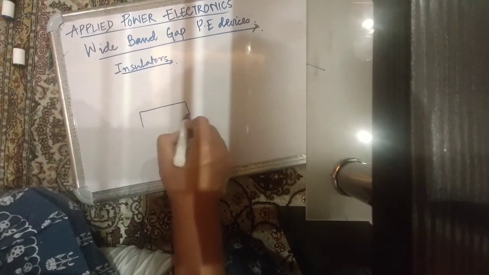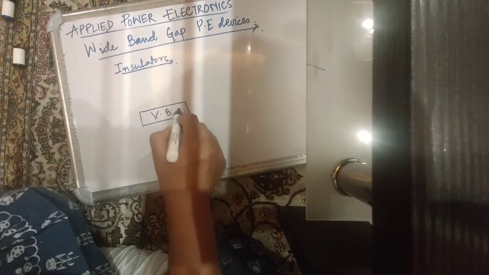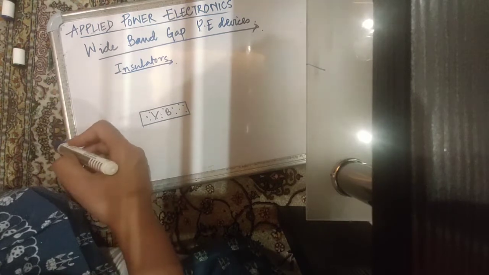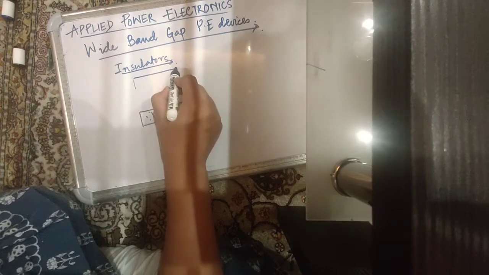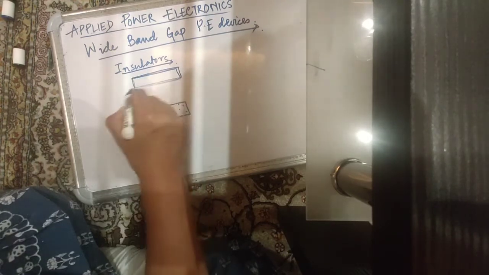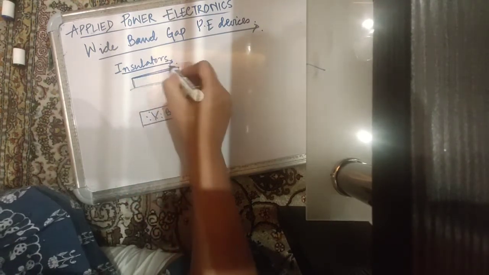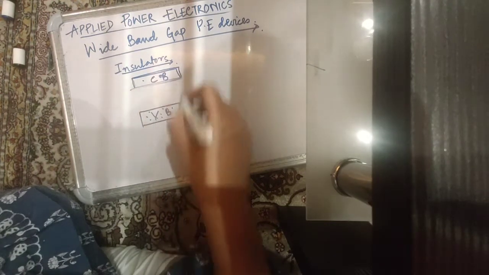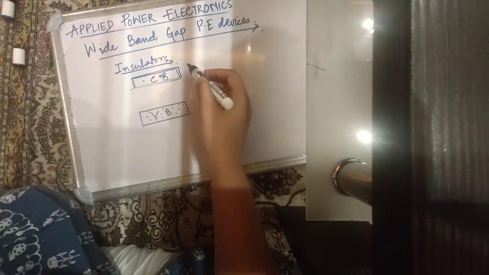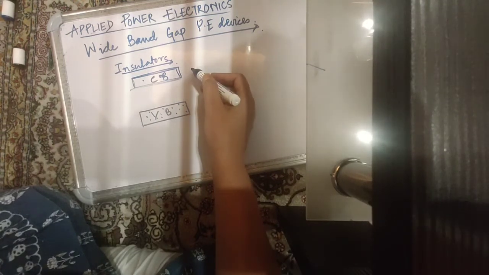If we talk about insulators, at the atomic level, you know that an insulator has a valence band where you have valence electrons, and in order for any material to conduct, the electrons should escape the valence band and go into the conduction band, and they must absorb some energy to make this transition, to make this jump from the valence band to the conduction band.